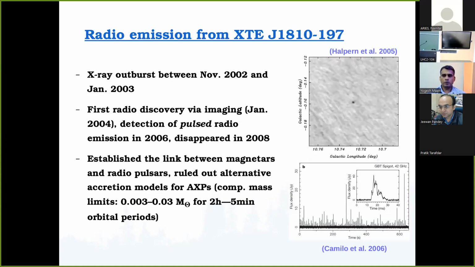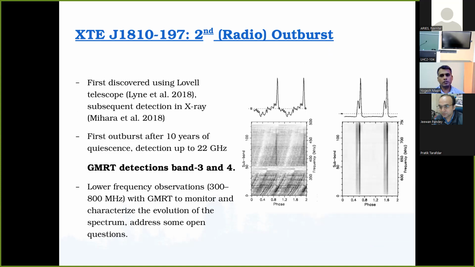So the radio emission from this object eventually quenched sometime around 2008. And after about 10 years of quiescence, regular radio monitoring revealed that the radio emission had restarted from this source in 2018.